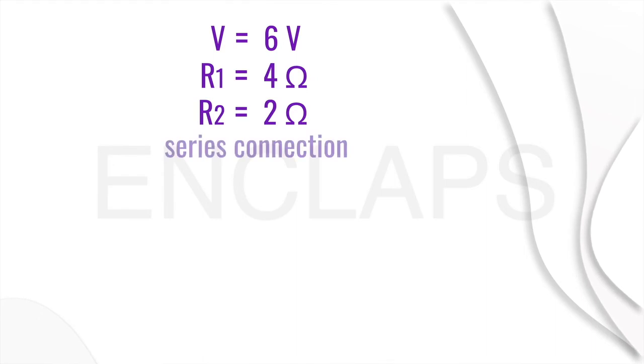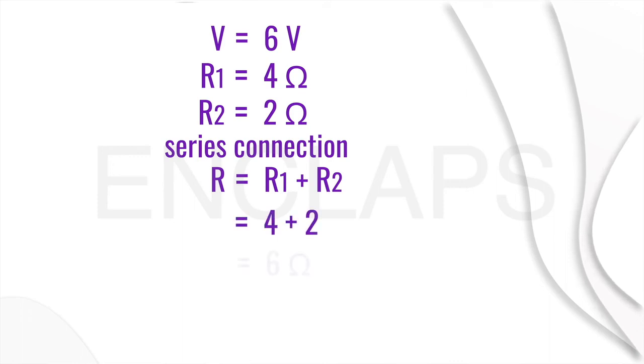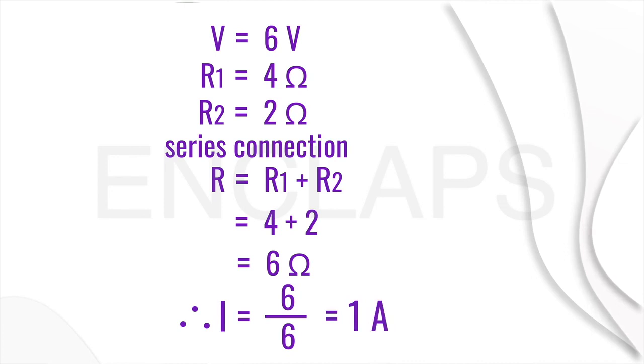Here it is a series connection. So R is equal to R1 plus R2 equals 4 plus 2 equal to 6 ohm. What we need here is to find out the value of current. According to Ohm's law, I is equal to V by R. Therefore, the current I is equal to 6 by 6, it is equal to 1 ampere.